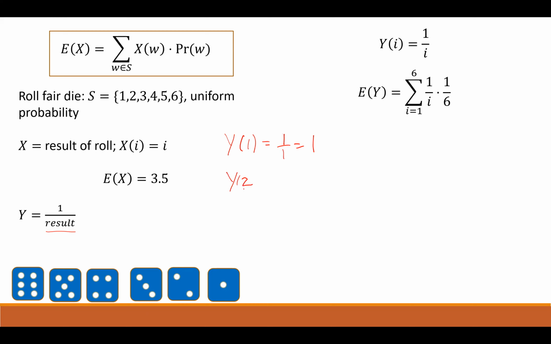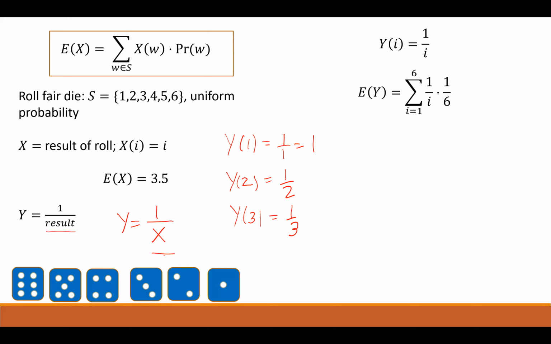If I roll a 2, that's equal to 1 over 2. If I roll a 3, that's equal to 1 over 3. So in some sense, y is equal to 1 over x, where x is the result of my roll, and y is 1 over the result of my roll.